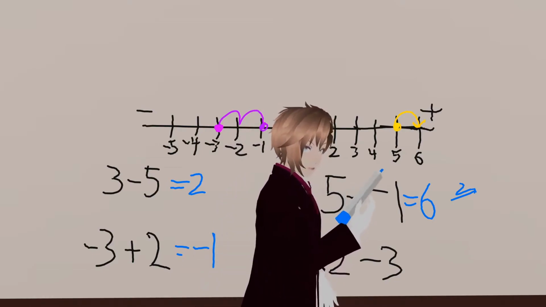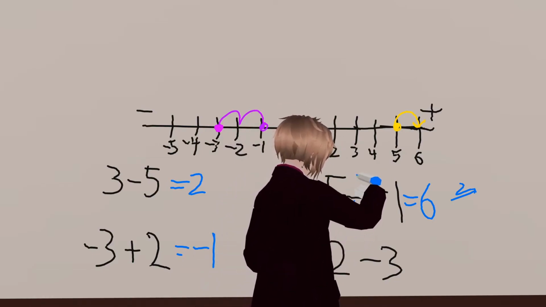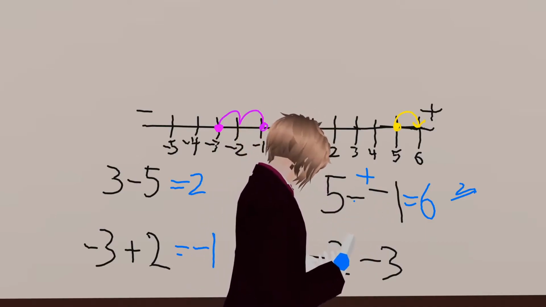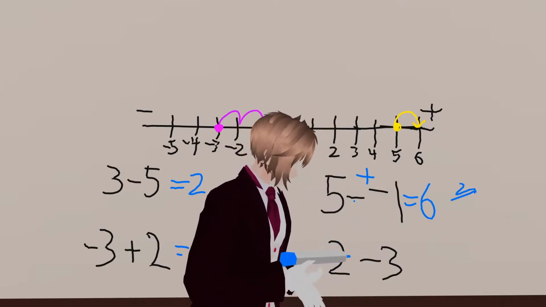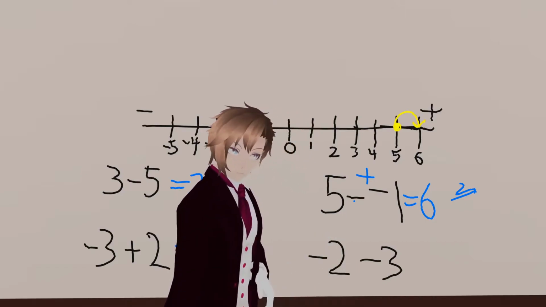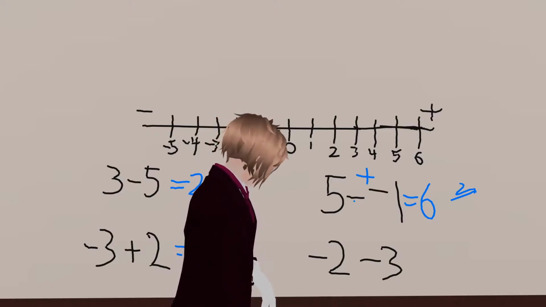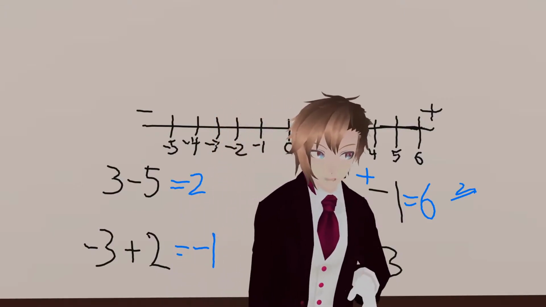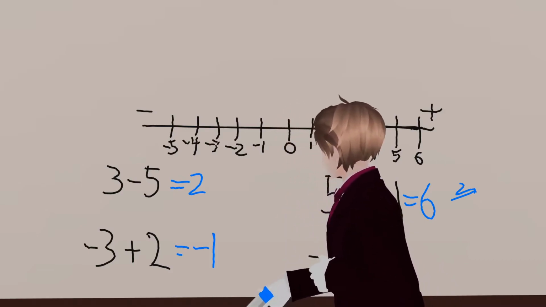So another nice trick you can use is we've got 2 lines here, and 2 lines makes a positive. Now here we have negative 2 take away 3. So we start at negative 2 and we're going to take away 3. Let's have a look at our number line.